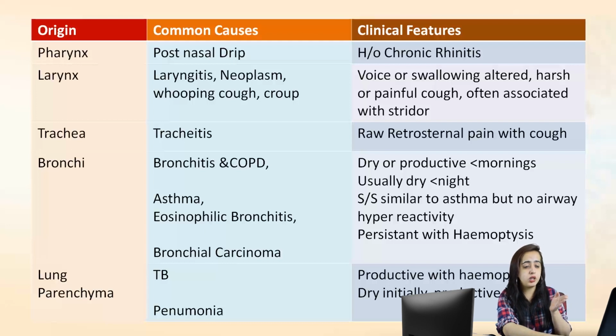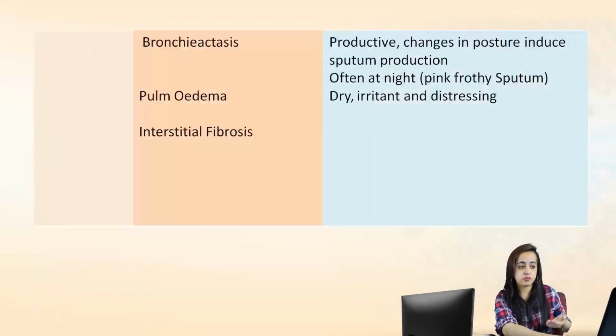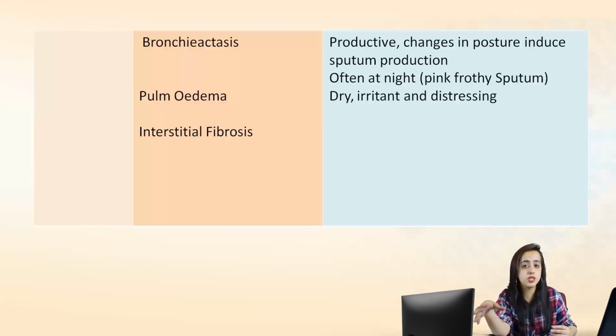Now, depending upon the causes, the cough is usually productive with hemoptysis. The cough could be dry initially and productive later. The patient will tell us that his expectoration or cough is worse when he changes posture. The cough is often at night, which is nocturnal cough, and can be associated with pink frothy sputum.